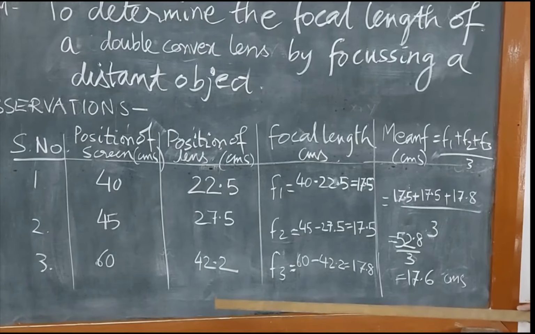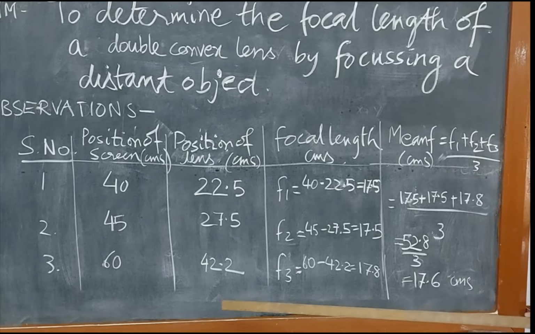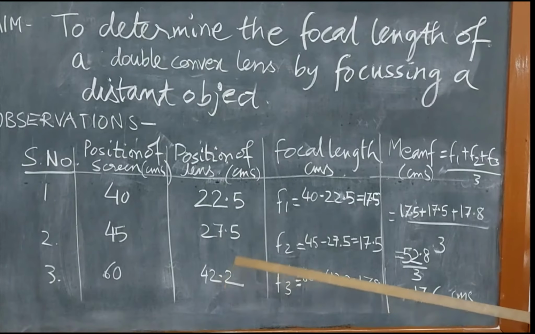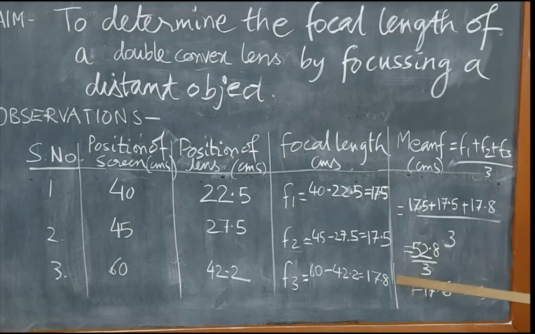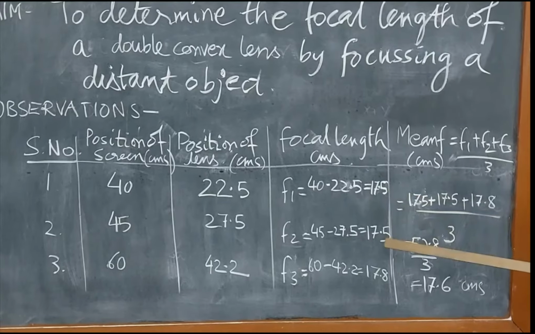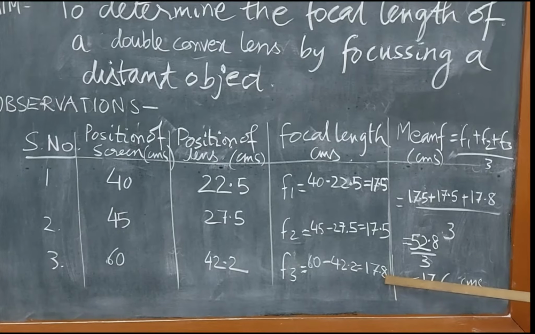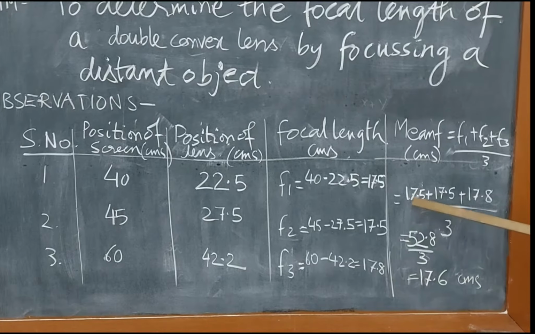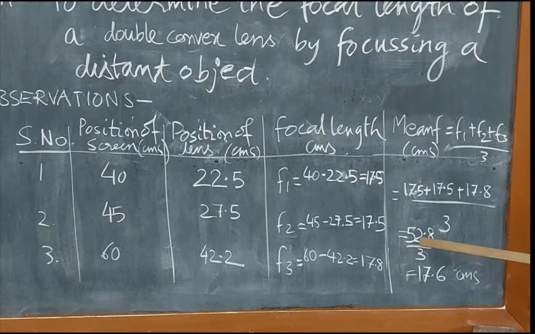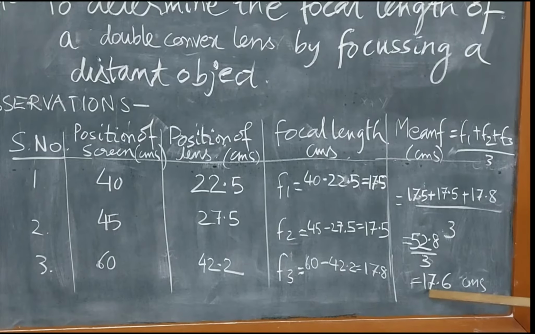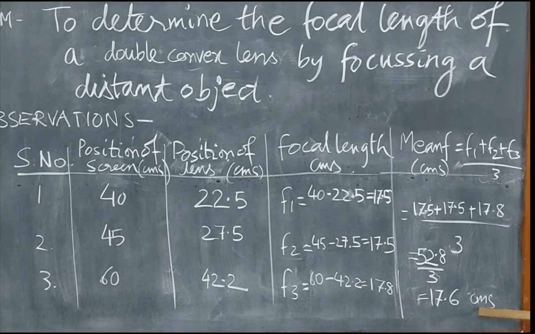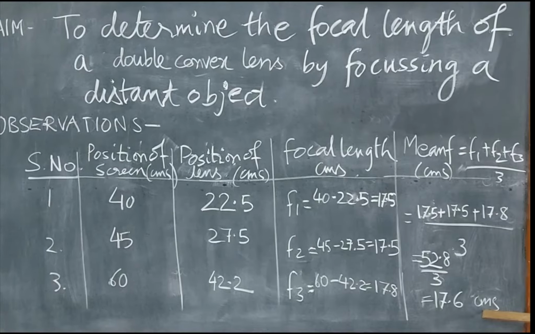Rays coming from infinity were refracted through the lens and they were obtained on the screen. When I subtracted, we got the readings as 17.5 centimeters, 17.5 centimeters and 17.8 centimeters. Their sum is 52.8, and finding their average we got 17.6 centimeters as the focal length of the double convex lens.